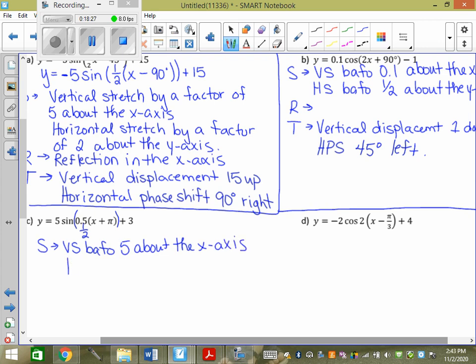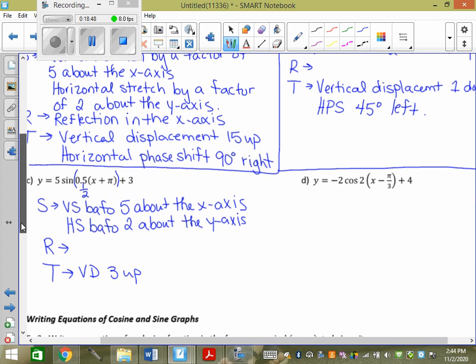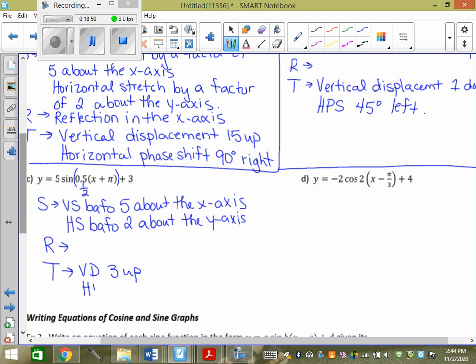We have a horizontal stretch by a factor of 2 because it flips always about the y-axis. We have no reflections because neither of my stretches are negative. Well, neither my A or B, I guess, is negative. I have a vertical displacement 3 up, which I'm not allowed to write BD on a test. And I have a horizontal phase shift pi left.